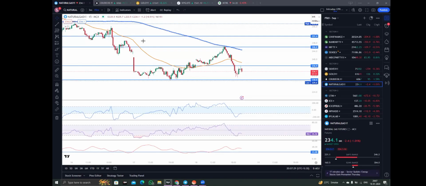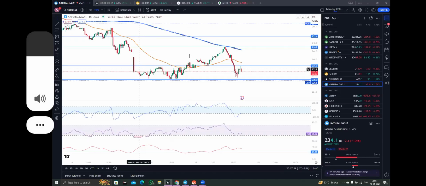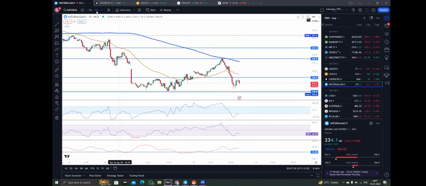So guys, coming to natural gas, this is the natural gas chart in the 15 minutes time frame, right? Yesterday we discussed, we had plotted the SMA 200 line. This is the EMA 50 line. This is the CCI indicator.